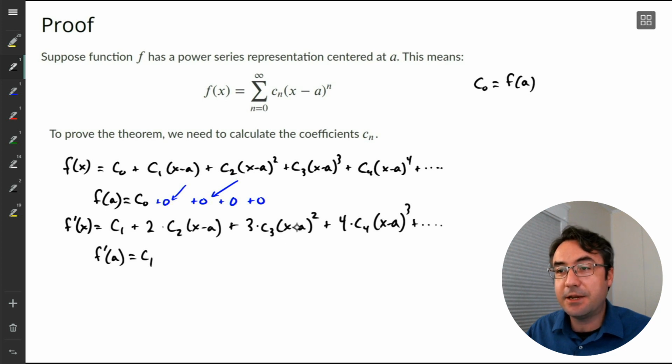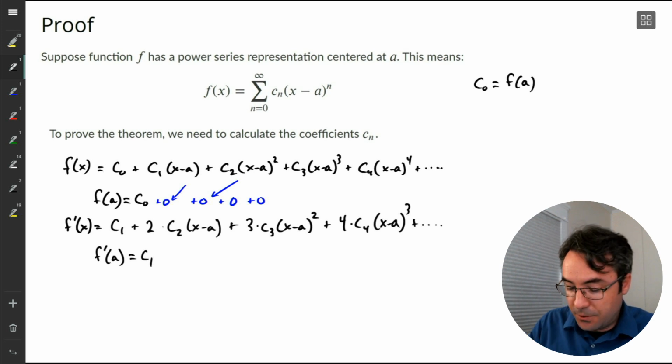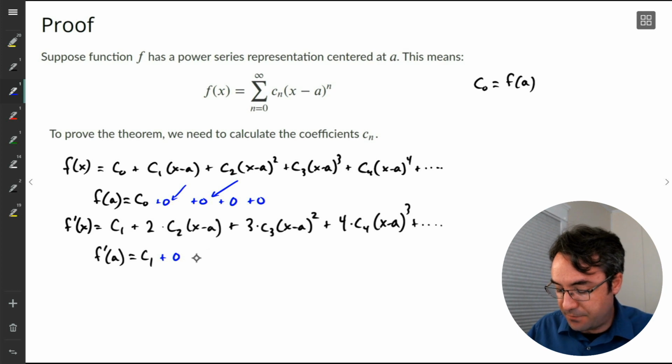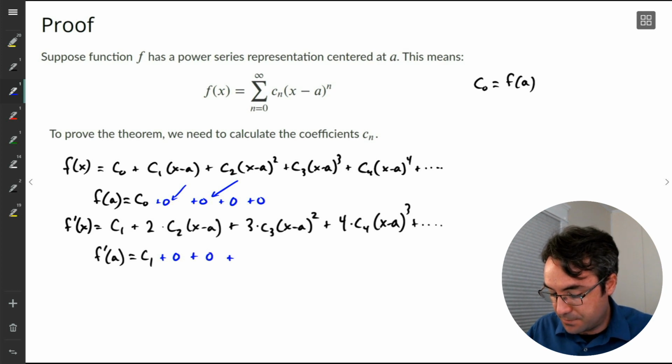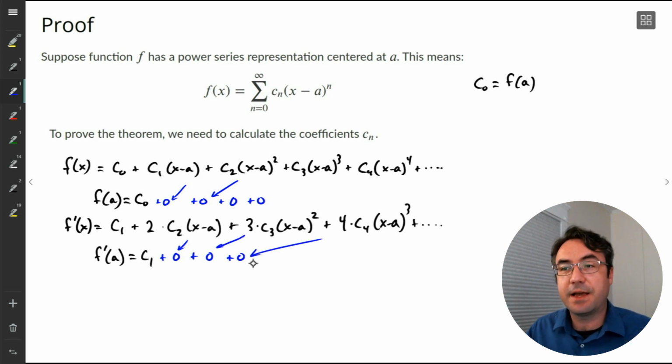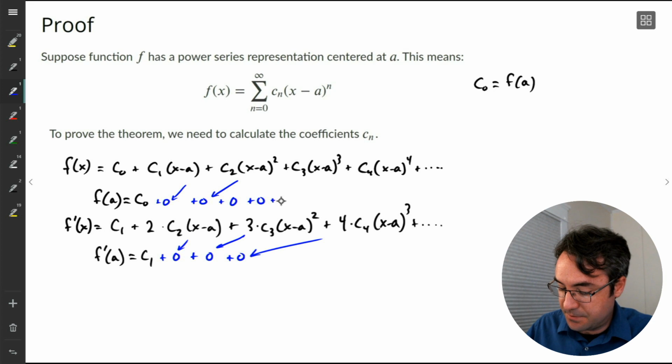When I plug a in here, I'm going to have a minus a squared, which is 0. And then over here, again, 0. So the only contribution that I'm getting is from that very first term, and then everything else is just 0. And I guess, it keeps going like that.